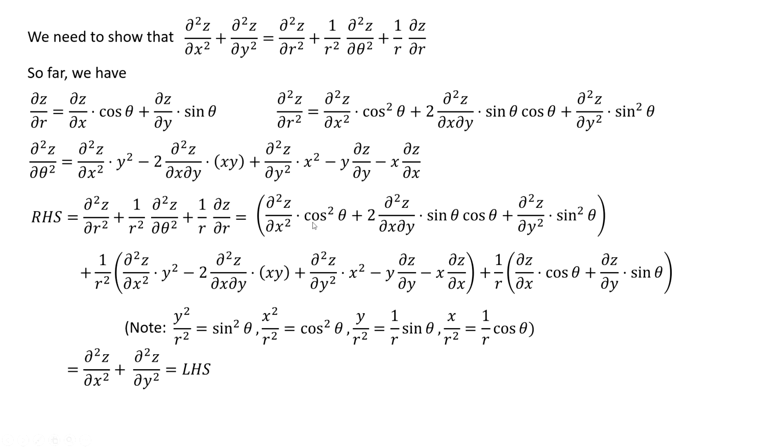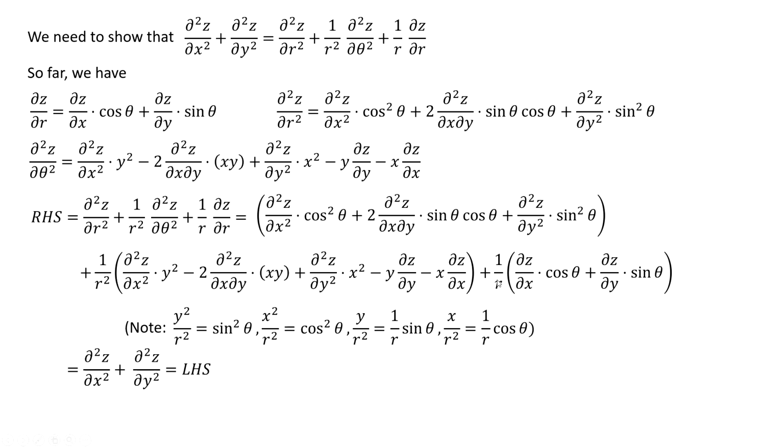So we accounted for this guy. We accounted for this, this, and this. So what we are left with are these 4 terms. 1, 2, 3, 4. Okay. Y over r square is 1 over r sine theta, and this is a partial z with respect to y times 1 over r sine theta.